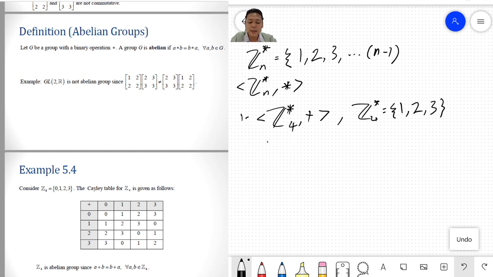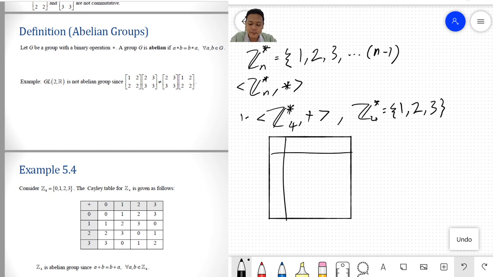And you do the Cayley table to represent it, with 1, 2, 3 along the top and 1, 2, 3 down the side. 1 plus 1 is 2, and then you take mod 4, which is 2. 1 plus 3 is 4.